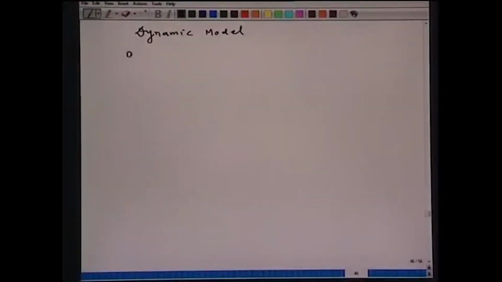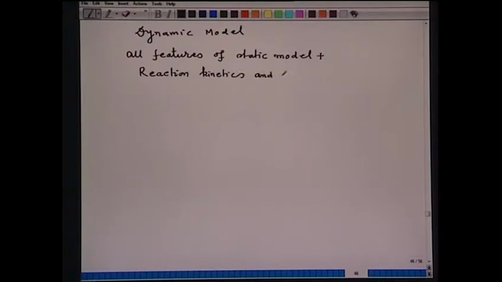In a dynamic model, it contains all features of a static model, plus it contains the information from reaction kinetics and process dynamics.